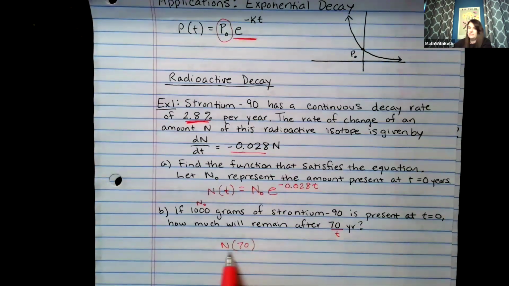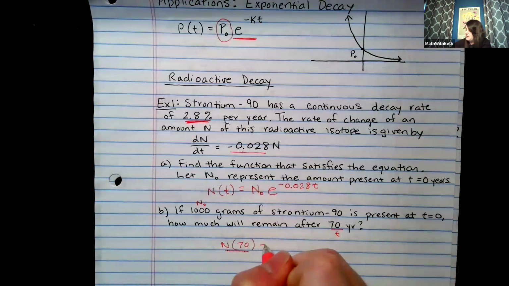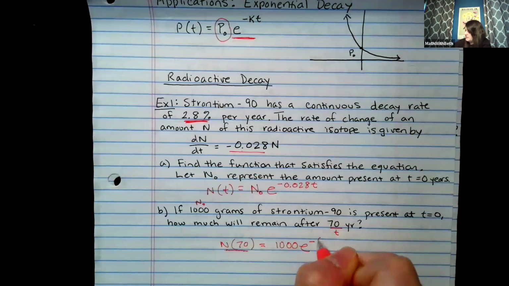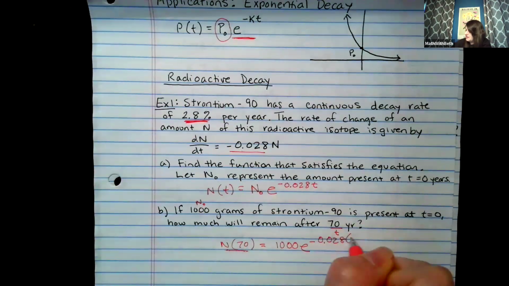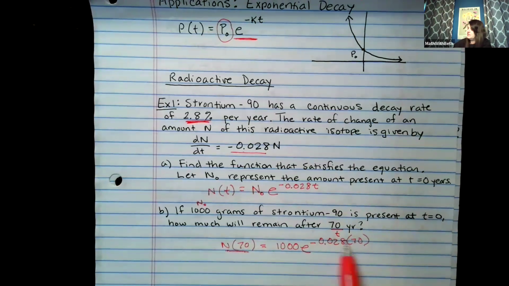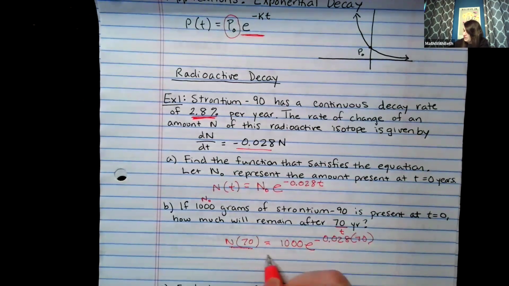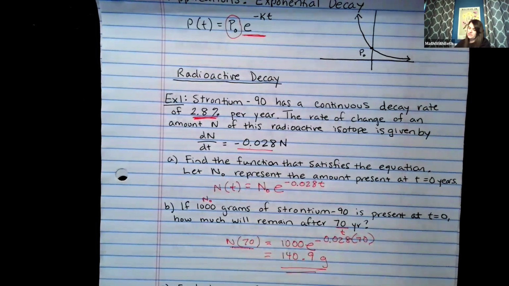We're using the equation and plugging in 70, which would be 1,000 e to the negative 0.028 times 70. This is easy to solve because we don't have to move anything around. We can just put all of that in our calculator and we would get 140.9 if we're rounding to the nearest tenth. So that's how much would be left after 70 years.